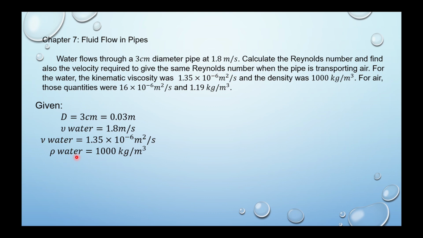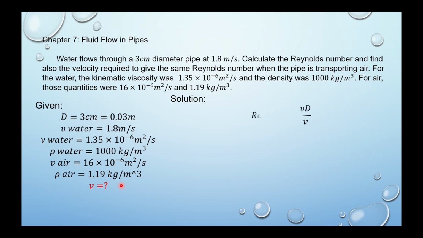The density of water is equal to 1000 kilograms per cubic meter. The kinematic viscosity of air is equal to 16 times 10 raised to negative 6 square meters per second. The density of air is equal to 1.19 kilograms per cubic meter. So find the velocity.